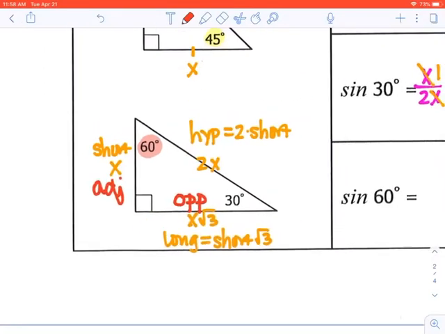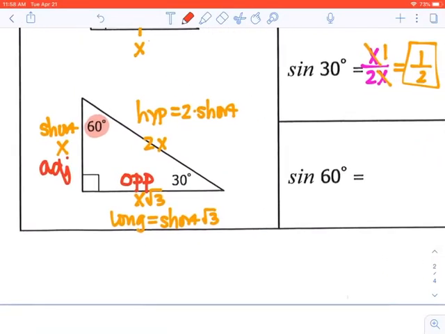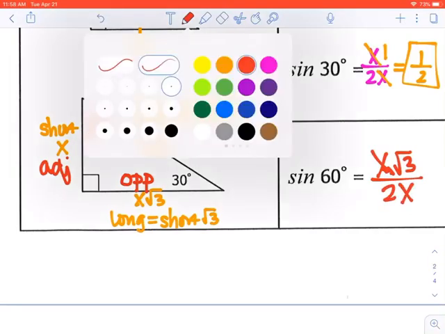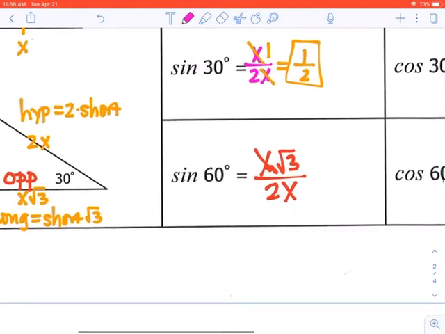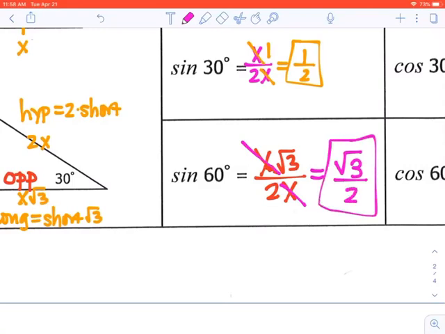So when I find the sine of 60 degrees, my opposite is now x rad 3, and my hypotenuse is 2x. Okay, I can simplify. X's cancel, and I'm left with rad 3 over 2. Okay.